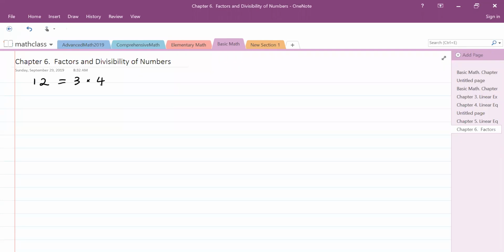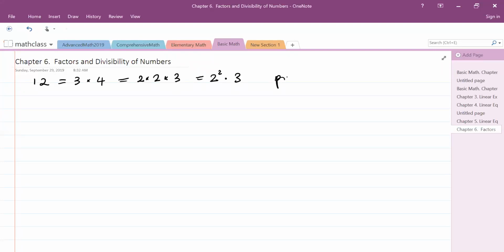But 4 is also 2 times 2. So 4 is 2 times 2, and then times 3. You can exchange the order. This is called prime factorization. Now, 2 times 2 can also be written as 2 squared times 3.